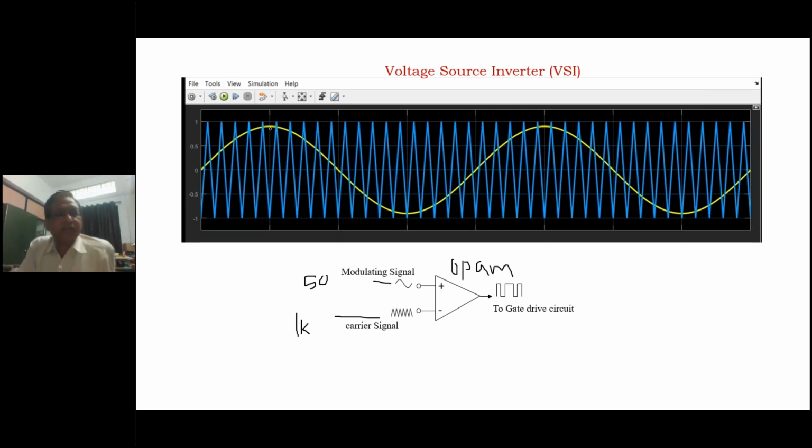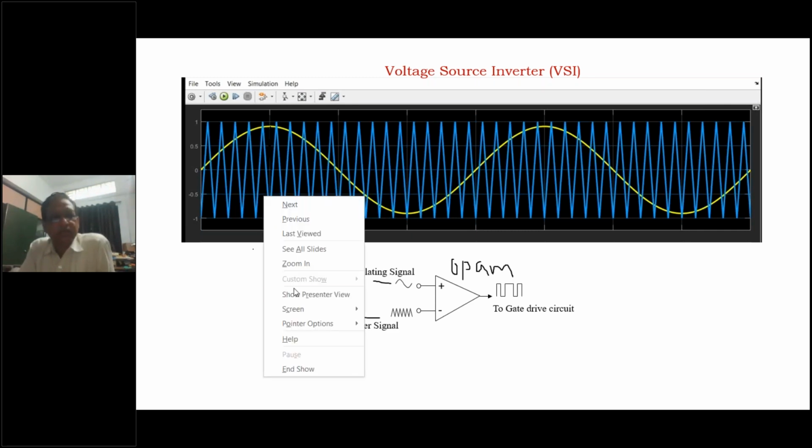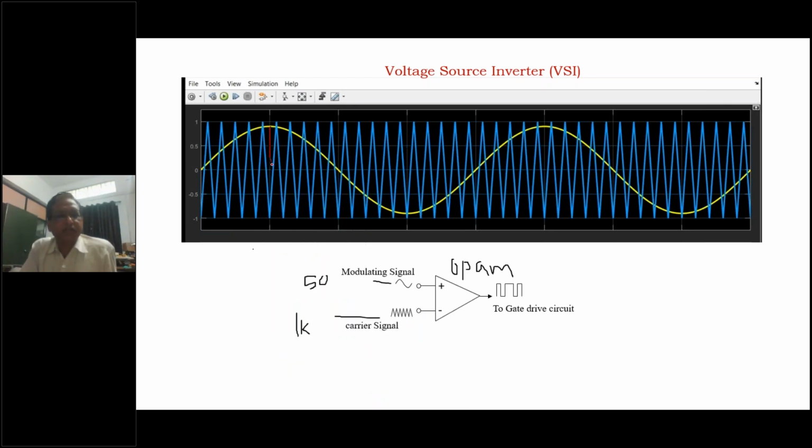Here is this magnitude, which is going to control the magnitude of the output voltage of the inverter.